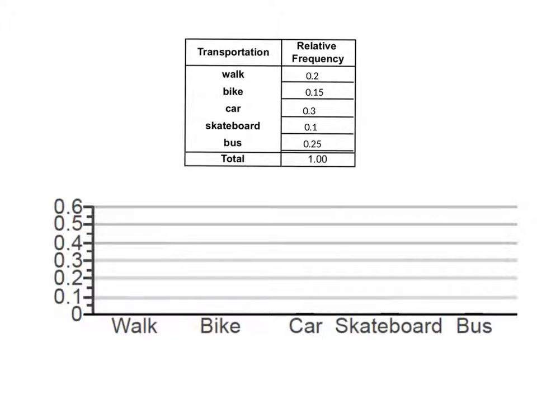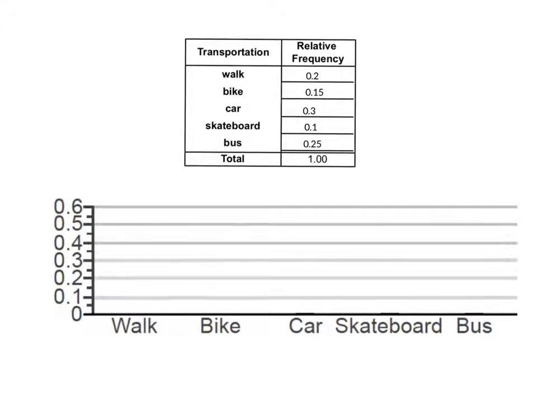Lastly, we're asked to create a bar graph of the data, and we're going to use the relative frequency table we previously found to make our bar graph. Notice that the modes of transportation are listed on the horizontal axis of the graph, and then a scale for the frequencies is listed on the vertical axis.